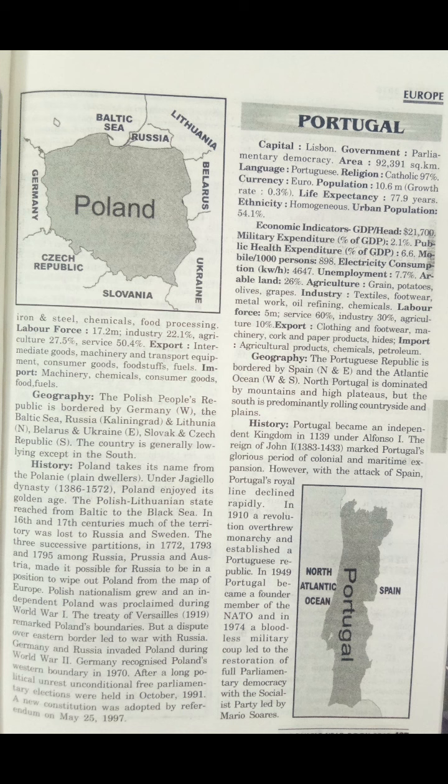Geography. The Portuguese Republic is bordered by Spain to the north and east, and the Atlantic Ocean to the west and south. North Portugal is dominated by mountains and high plateaus, but the south is predominantly rolling countryside and plains. History. Portugal became an independent kingdom in 1139 under Alfonso I. The reign of John I, 1383 to 1433, marked Portugal's glorious period of colonial and maritime expansion.